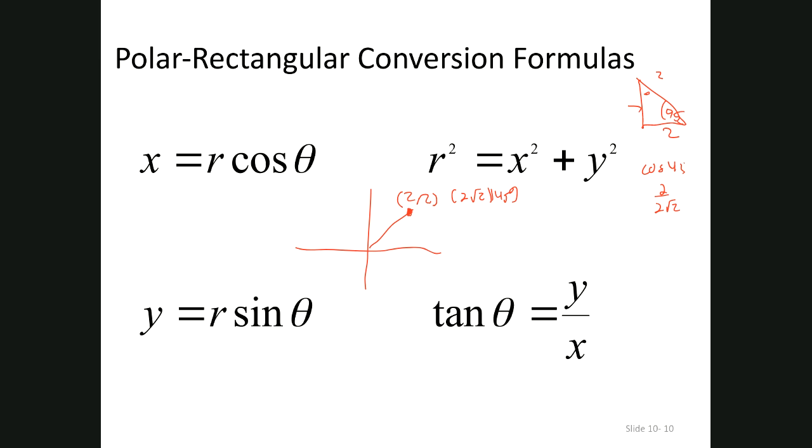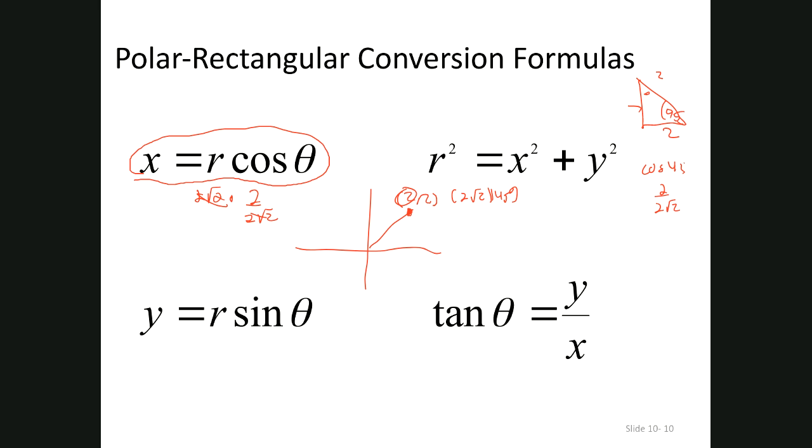So if you took r, which is, what did we say r was in this problem? 2 square root of 2, times the cosine of theta, which was square root of 2 over 2. Guess what? We came up with our x value, which would be 2. So if I wanted to convert a polar measure to a rectangular measure, I use this formula.